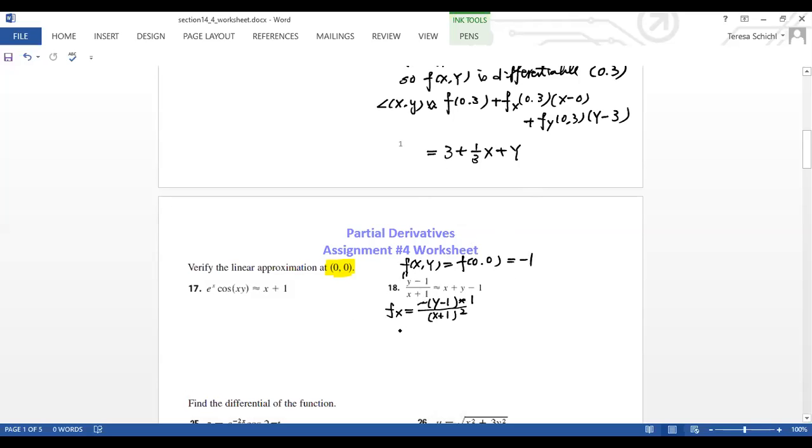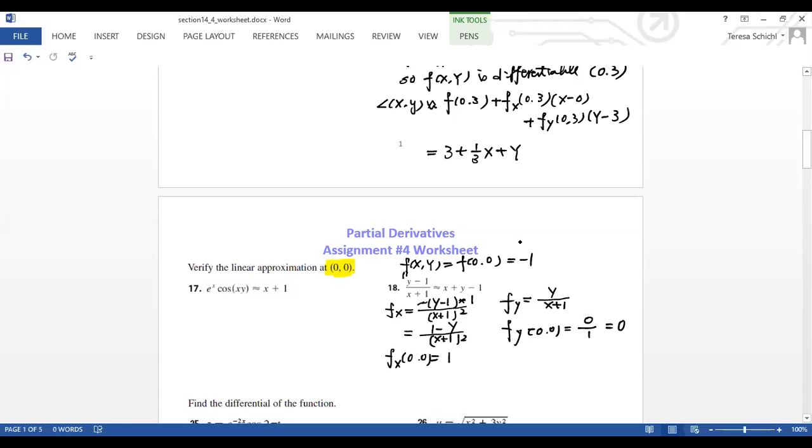So this one gives me (x plus 1) squared. Then do the same for the partial derivative with respect to y, because the x is a constant, so this will just be over (x plus 1). Now I plug in (0, 0). So when x equals 0 and y equals 0, what is this one here? I have 0. And for f of y, you put in (0, 0). What is here? Oh, it's 0 over 1, so it's zero, right?